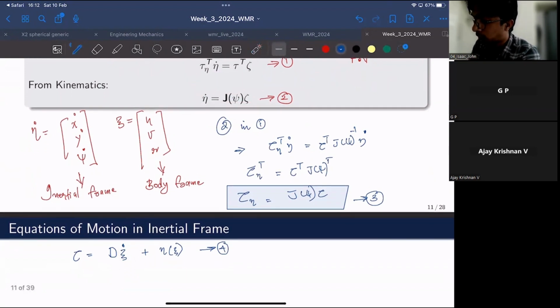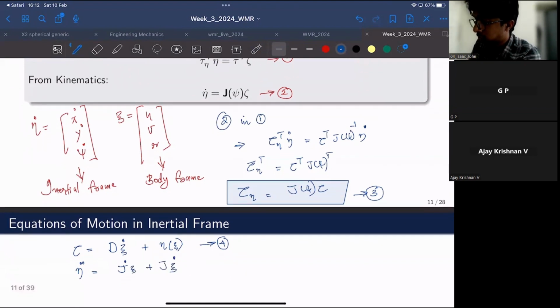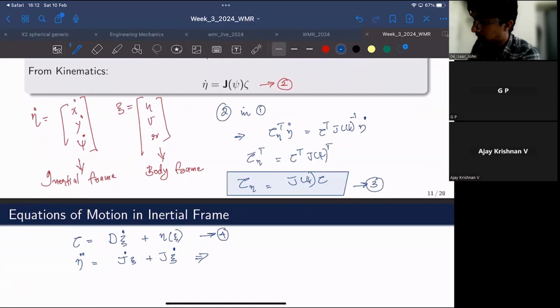Eta double dot would be J dot theta dot plus J theta double dot. So from here, theta double dot will be J inverse times eta double dot minus J dot theta dot. I'm labeling this as equation 5.